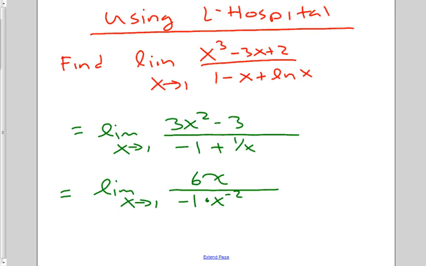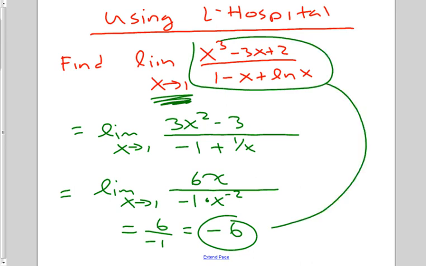Now we can substitute without having division by 0. If we now substitute x equals 1 into our function, we get 6 over negative 1, which equals negative 6. So what we just found is, as x approaches 1, our function is getting close to negative 6.